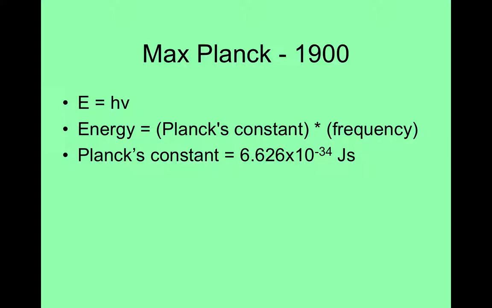Basically, Planck was using a specific frequency of light, determining the energy that the particle was carrying, and he kept coming back with this number, Planck's constant, which is 6.626 times 10 to the negative 34th, and the unit for that is joule seconds.